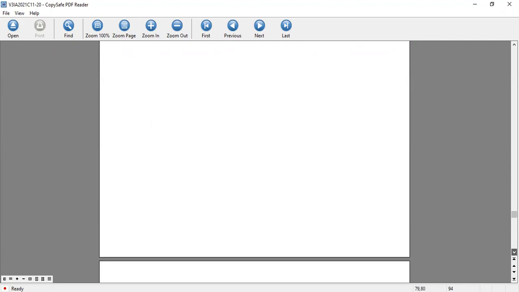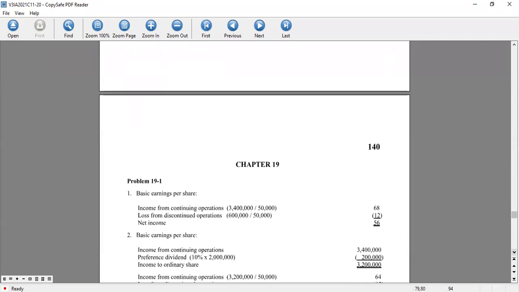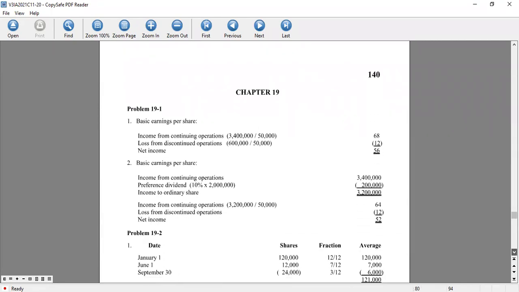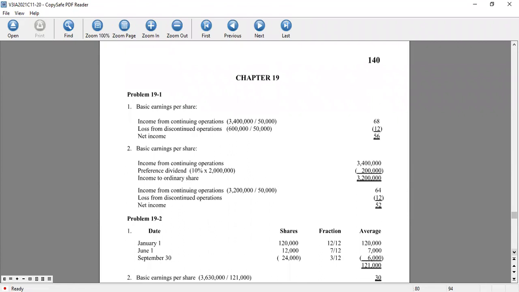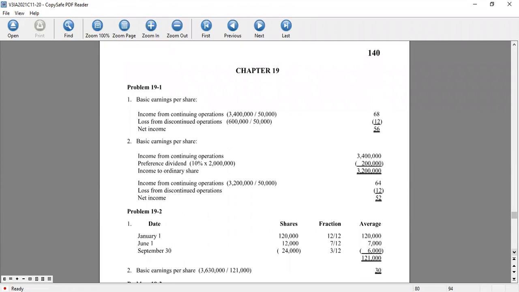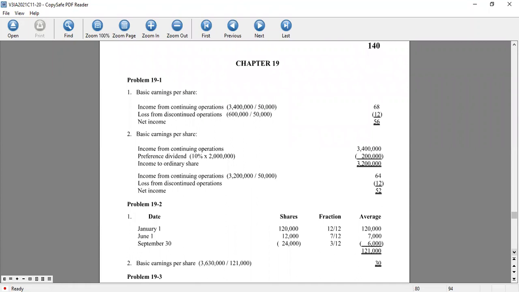In chapter 19, the reporters discuss 19-1, 19-2, and 19-3. So I will be discussing the multiple choice questions, including the rest.